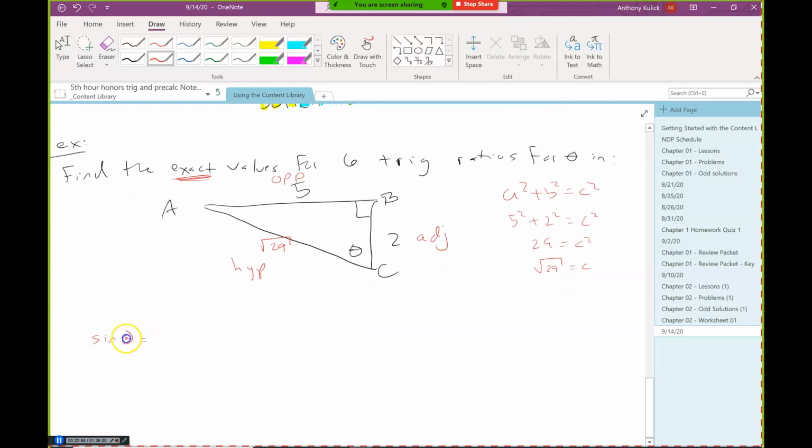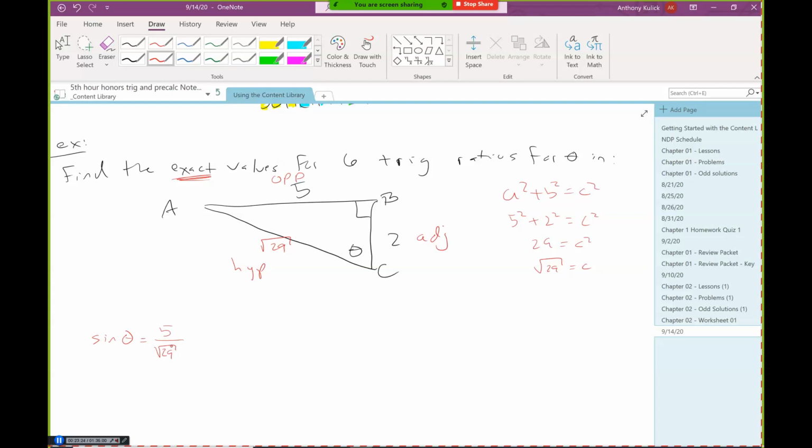So now I can just go ahead and use my right triangle to determine the values for sine, cosine, tangent, cosecant, secant, and cotangent. Sine is opposite over hypotenuse. But this isn't the typical way that we want to leave our final answer, right? What's wrong with this form?